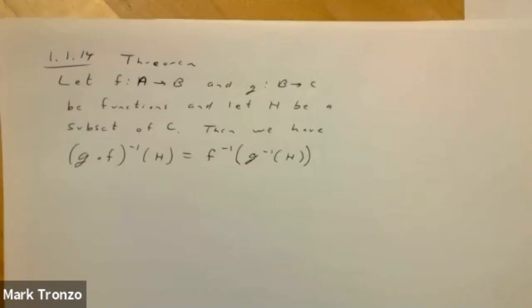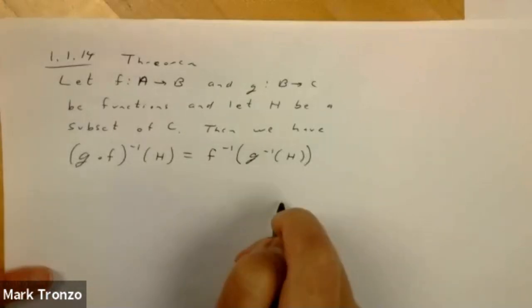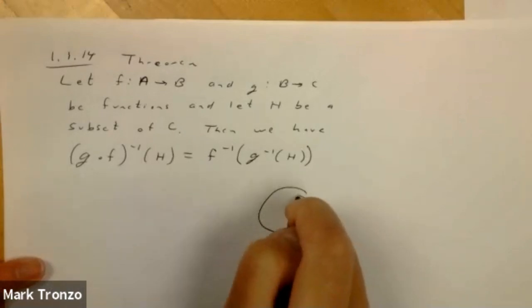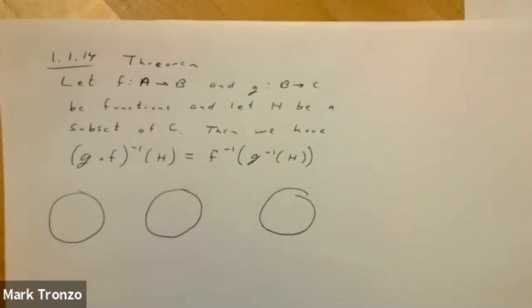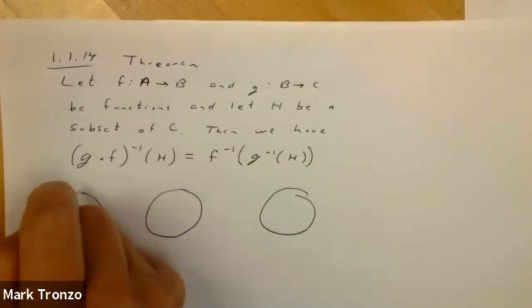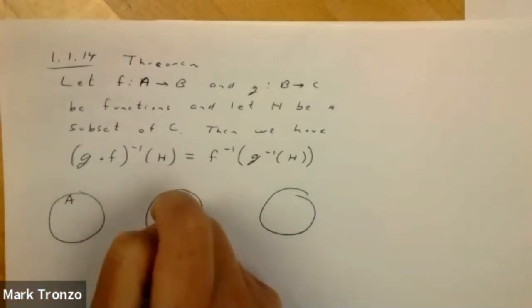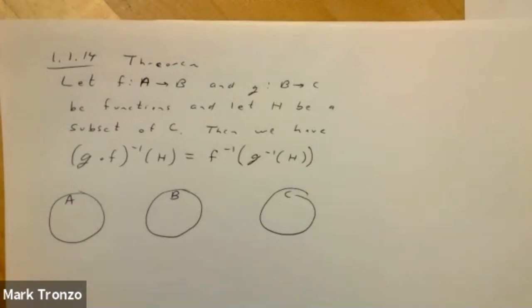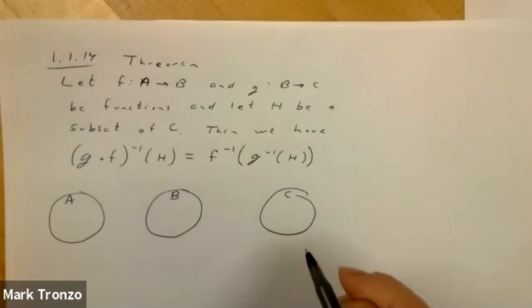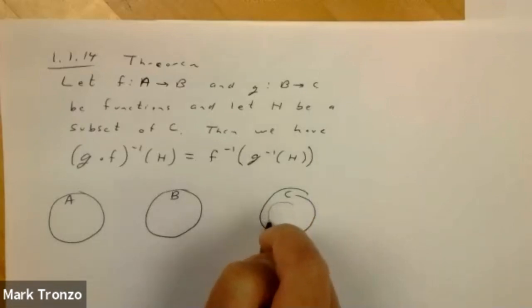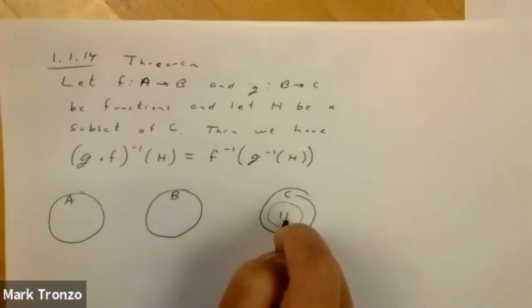Okay, let's see now what is this saying? Once again, we'll have the same three sets as before, except we're going the opposite way. So we have this set A, B, C. And then this time, H will be a subset of C. So we have this H over here.